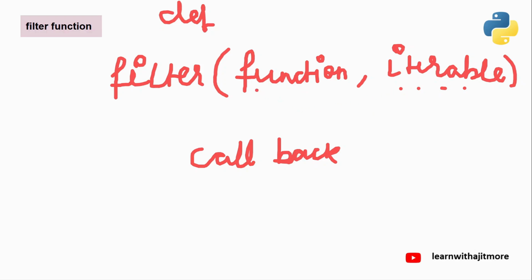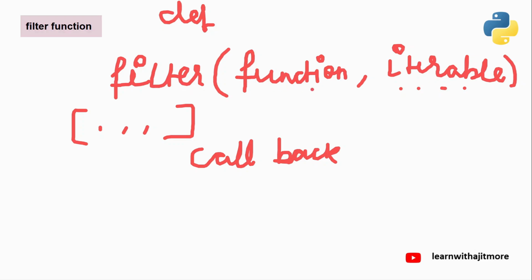Get it? And this function is to be defined in such a way that it should return True or False. Only True or False. Getting? So whenever your function returns True, only those elements are put into another iterable. Filter is going to do that.